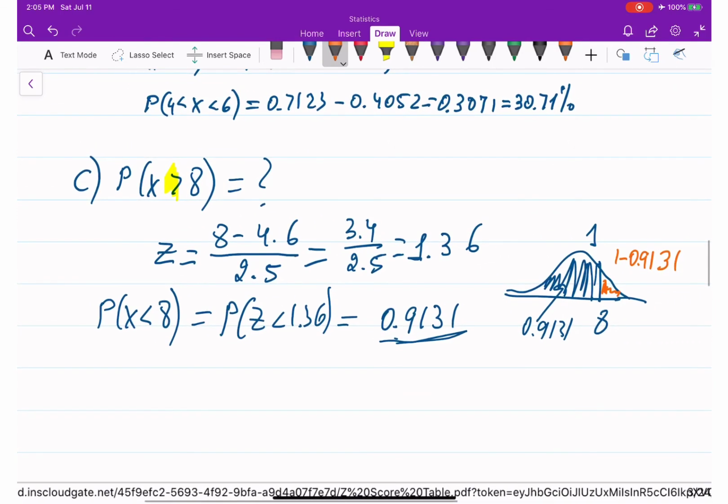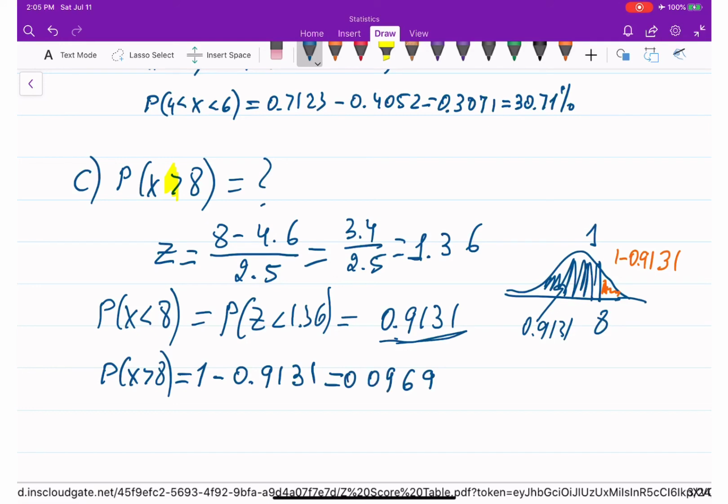So the probability of x greater than 8 is 1 minus 0.9131, and that is equal to 0.0969, which is 9.69%. Okay, but this is your number, 0.0969.